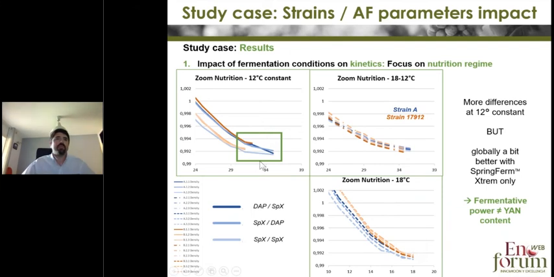But at 12 degrees C, you finish better with the light color, and the light color is in each case for both strains when you have Springferm Extreme at the beginning and Springferm Extreme at one third of the fermentation, so only organic nutrition. So it means that even if in these organic nutrients you have less available nitrogen, their fermentative power is making less stress to the yeast to ferment better.